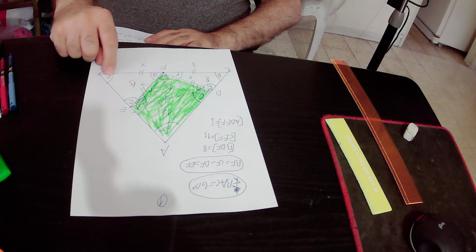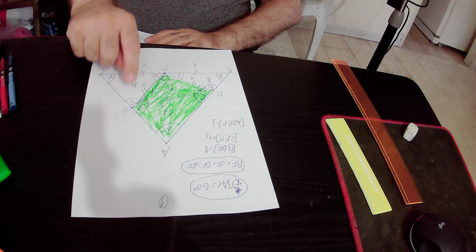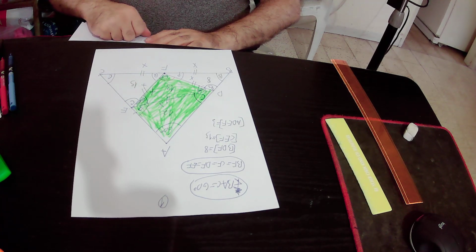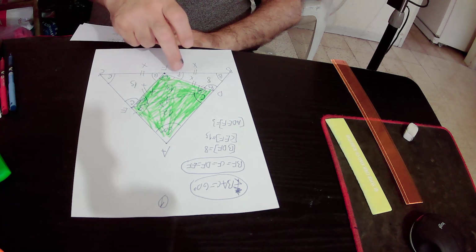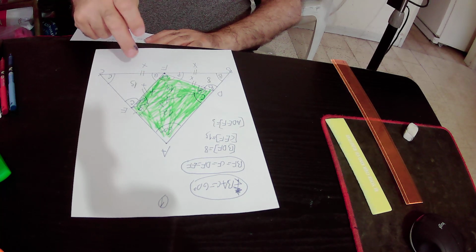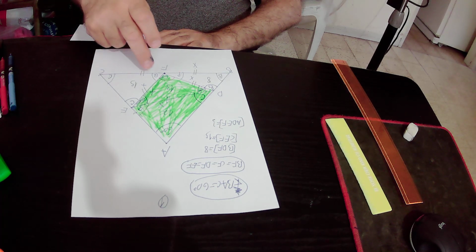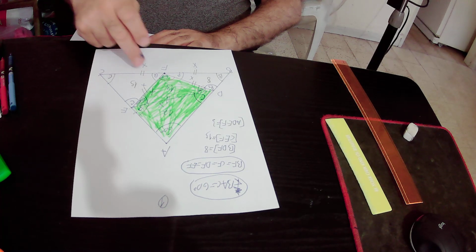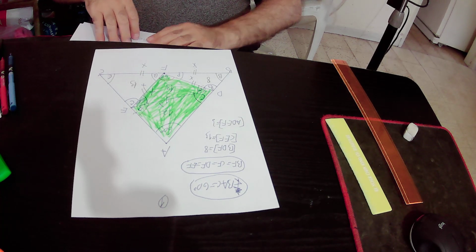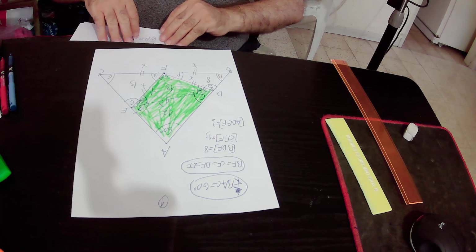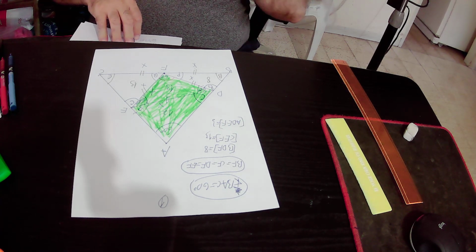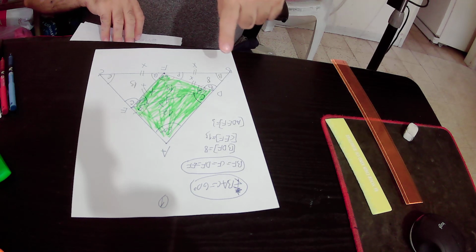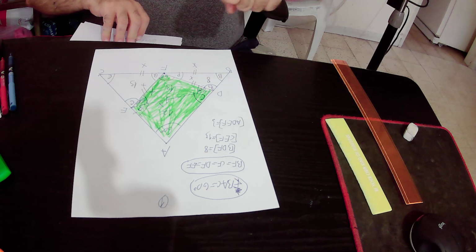So if this angle is C, this angle must also be C. Then we defined the angle DFC as P and angle EFC as Q, and we expressed angle P by B and angle Q by C.